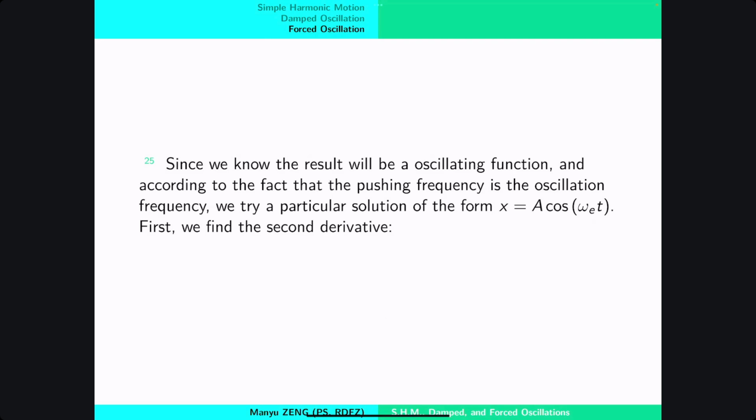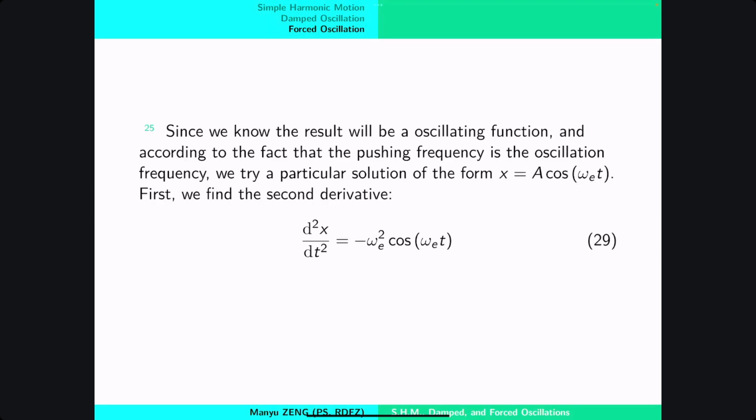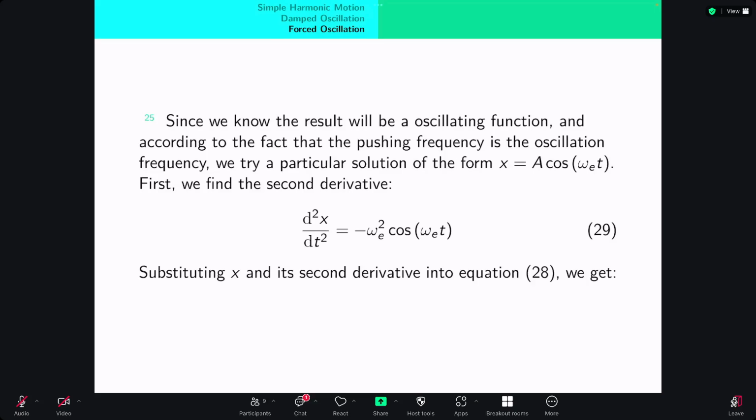We substitute this into the ODE 28, and we find the second derivative first, so differentiate twice. Actually, there is an amplitude on the right hand side. I forgot that, sorry about that.